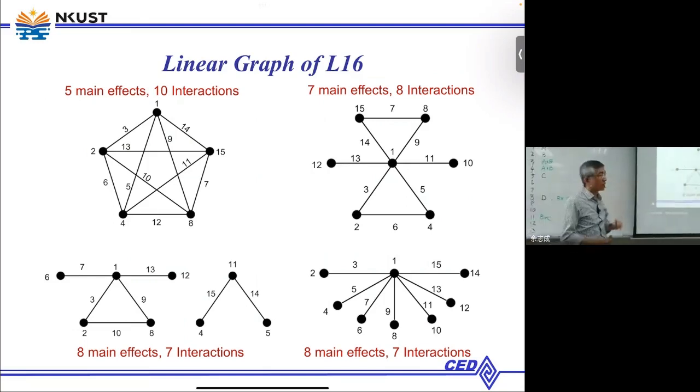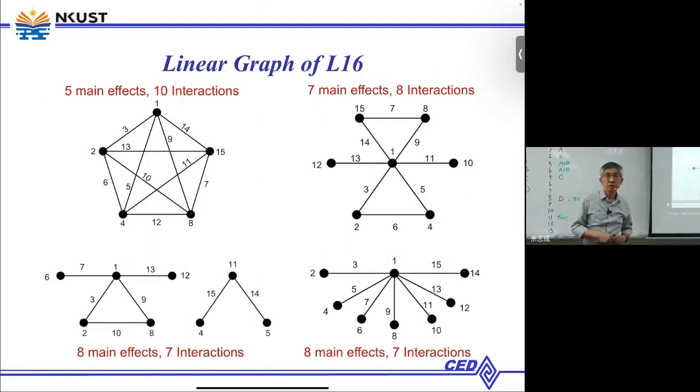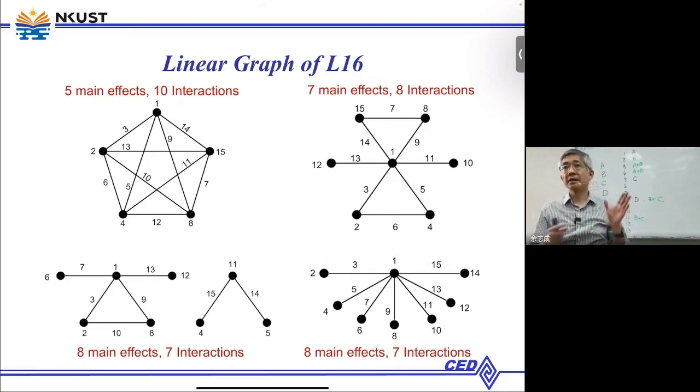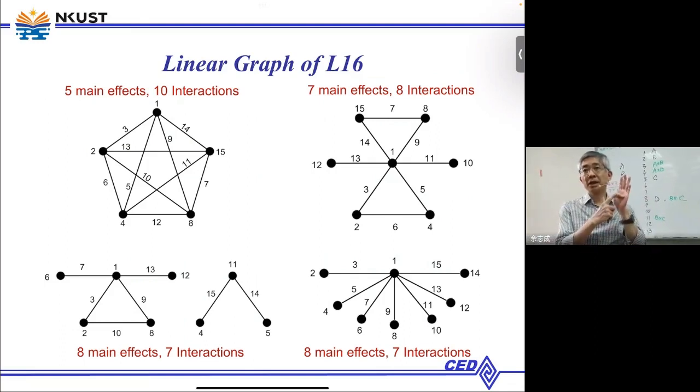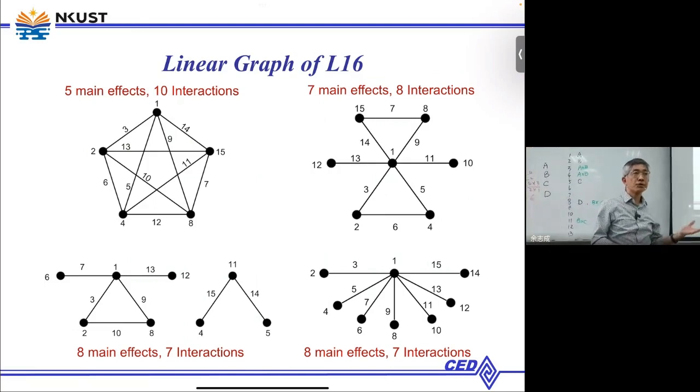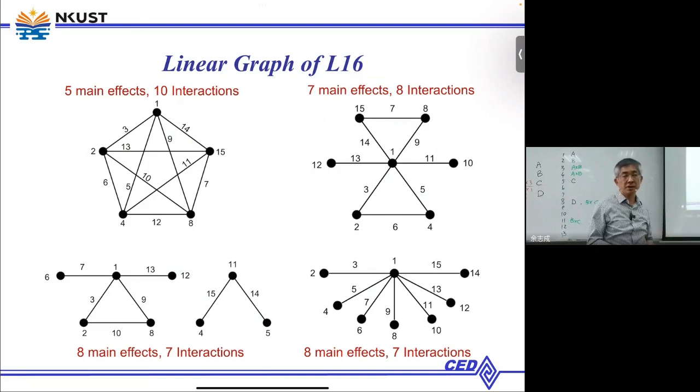You should select a suitable linear graph first, and then assign the factors that are involved in the interactions most first, and then assign all the factors in the interactions. After that, you assign those factors that don't happen in the interactions to any of the empty dots.